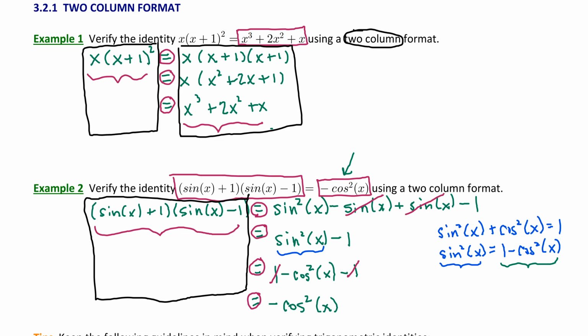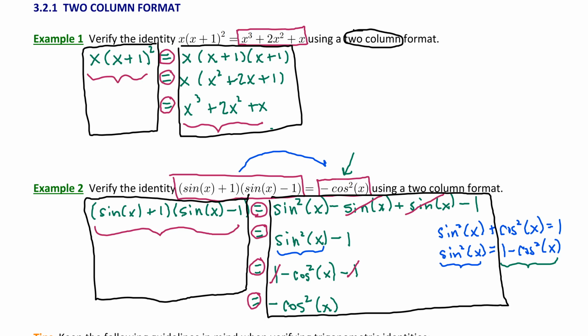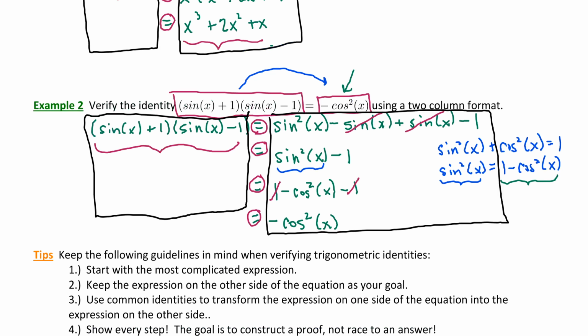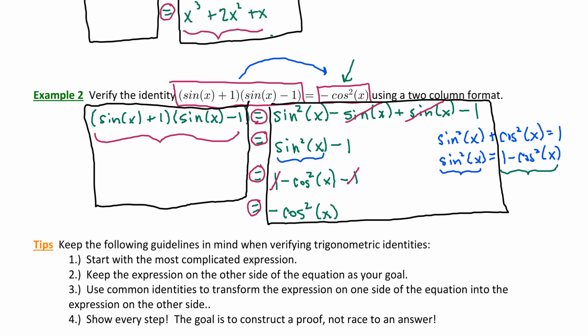I have one expression in the first column, and I've shown step by step that it can be transformed into the expression in the right column. Now, the goal in verifying an identity is not necessarily to find the simplest form. The goal is to show that one side of the identity can be transformed into the expression on the other side.